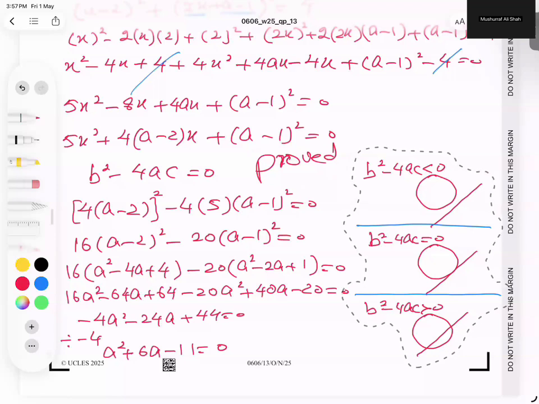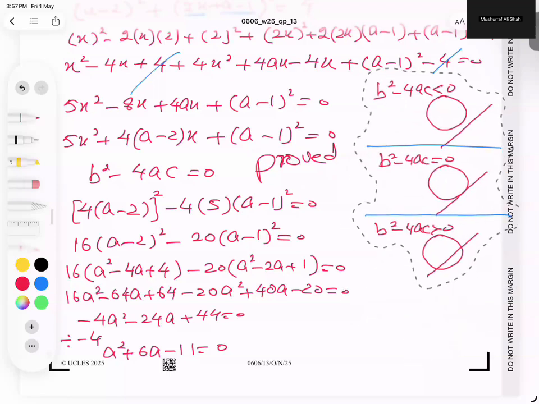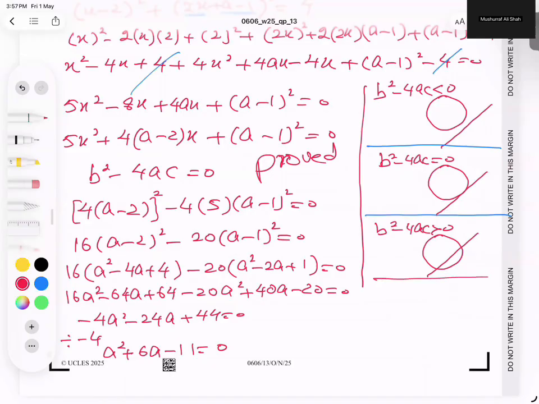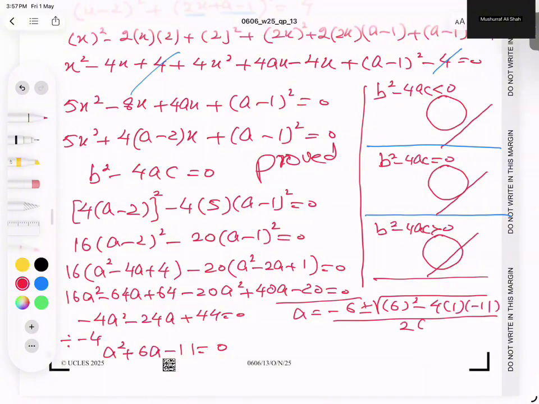Okay, when I apply the formula, students, a is equal to negative 6 plus or minus the square root of 6 square minus 4ac. So I'm getting negative 6 plus or minus, this is 36, and 44, I'm getting here root 80.